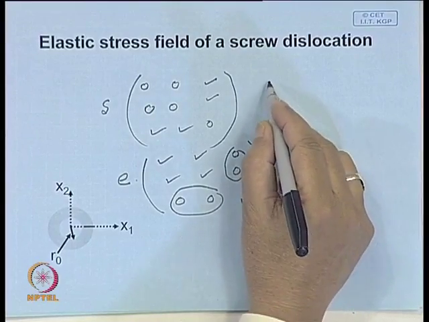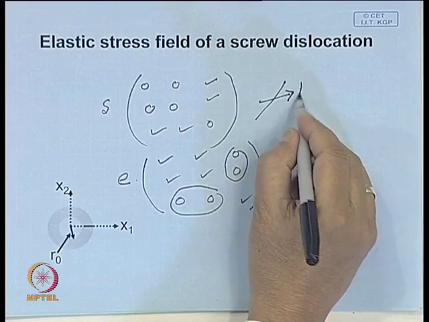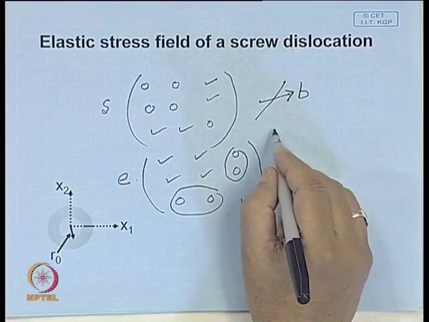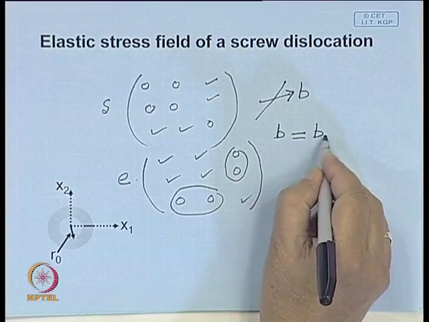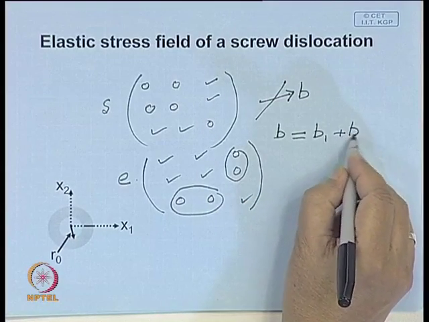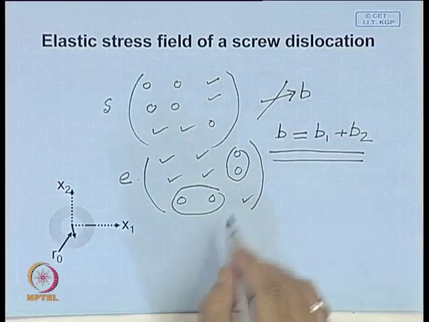To understand many of these dislocation reactions, we often approximate the dislocation energy this way. Say a dislocation has a Burgers vector b, and we ask whether it will break into two. So, b breaks into b 1 and b 2. Will this be energetically favorable?